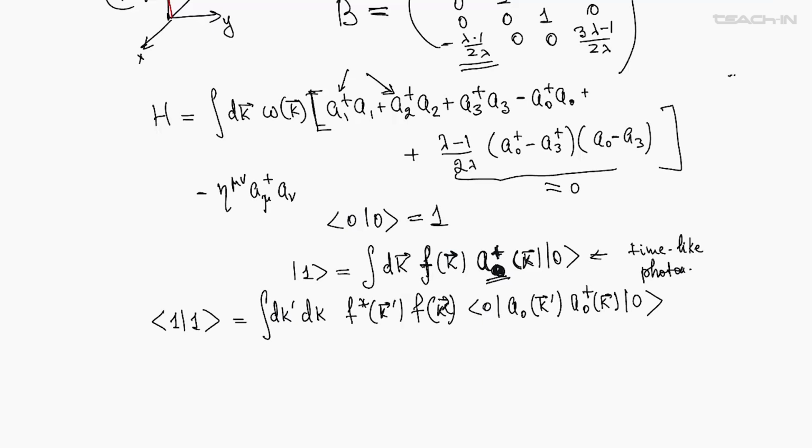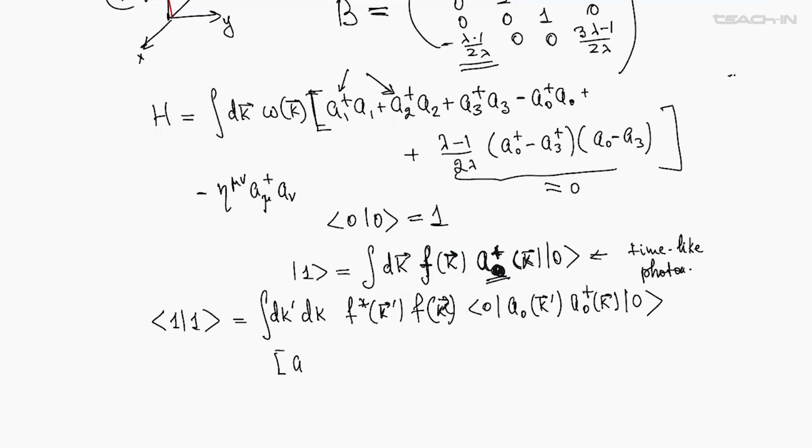And we can come back to the commutation relations for these photons and see how A0 and A0 dagger commute. I recall to you that they commute in the following way.